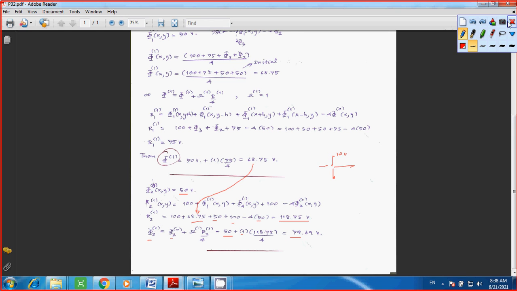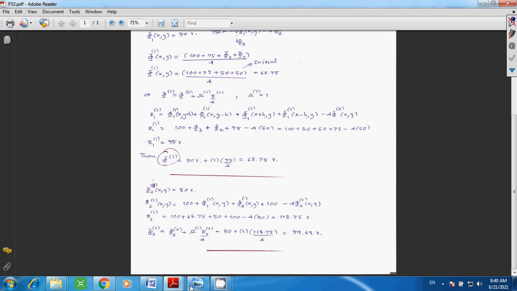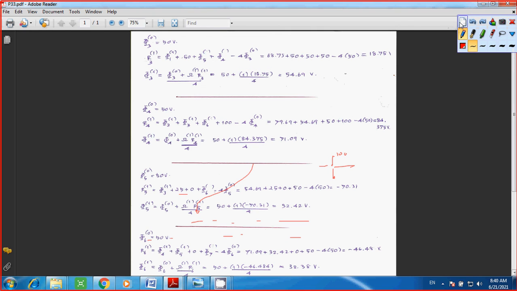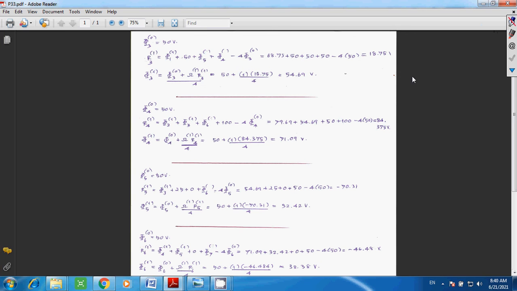This is your phi 2. You probably have an idea how to do the calculation already, so I keep working on phi 3, phi 4, phi 5, phi 6. It shouldn't be so difficult for you to understand the process of calculations. This is the first iteration.